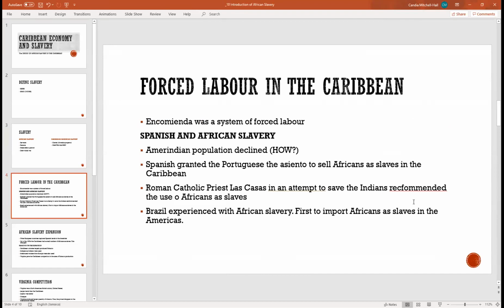So for example, one of the first systems that we have seen from your studies where there was some form of forced labor in the Caribbean was the system. What is that system called? Encomienda. The encomienda system. Now, what led to the decline of the Amerindian groups?